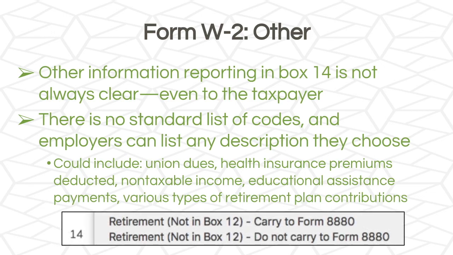If the codes do qualify, then you will check Carry to Form 8880. Some codes in Box 14 will be indicating employer contributions, and these do not qualify for the credit. So in that case, you should check Do Not Carry to Form 8880.